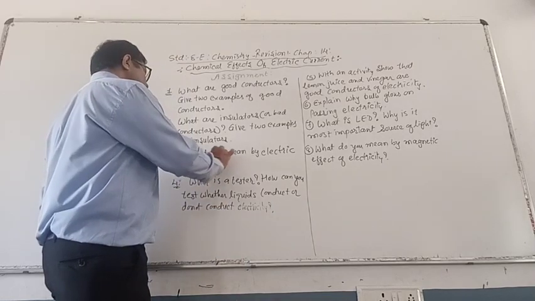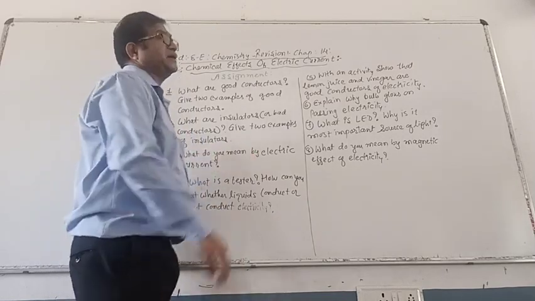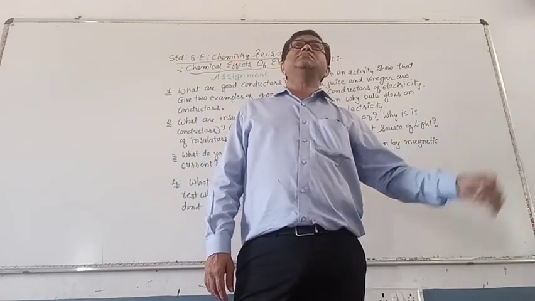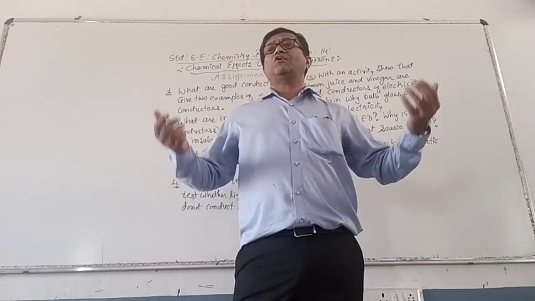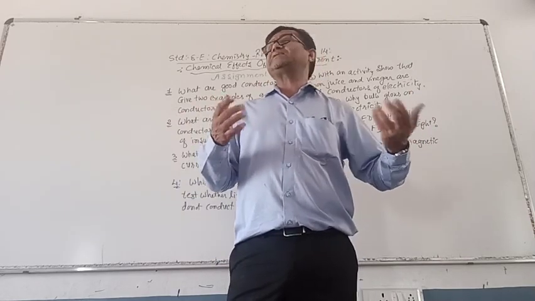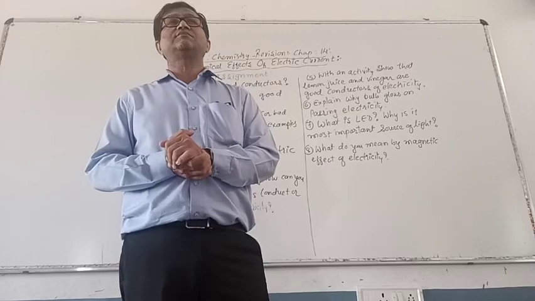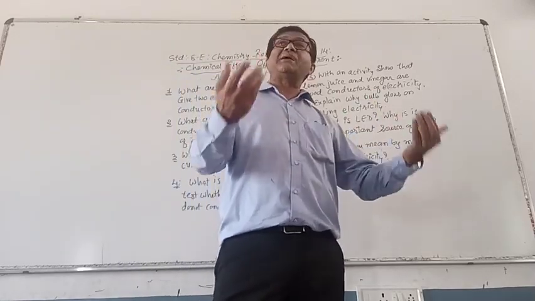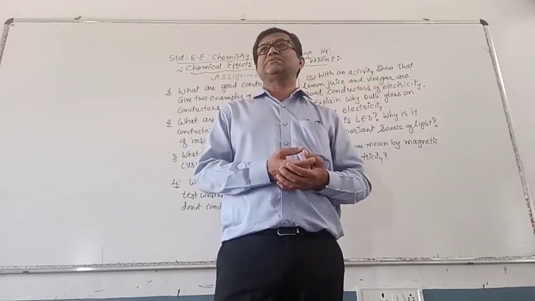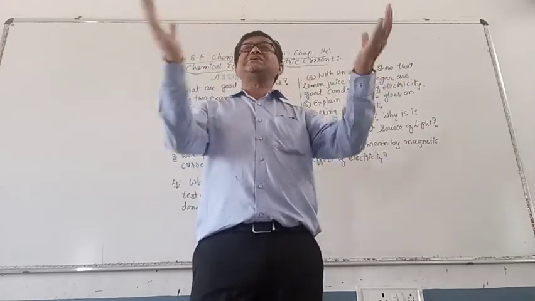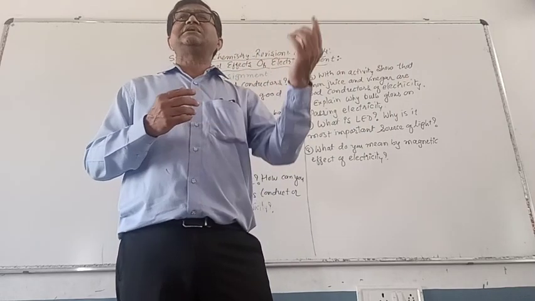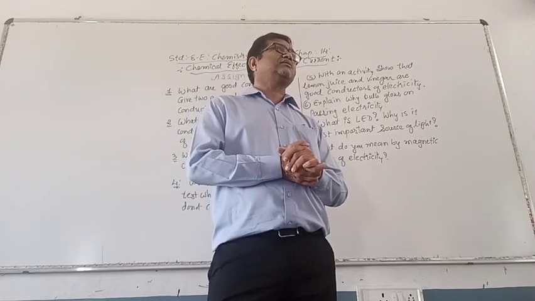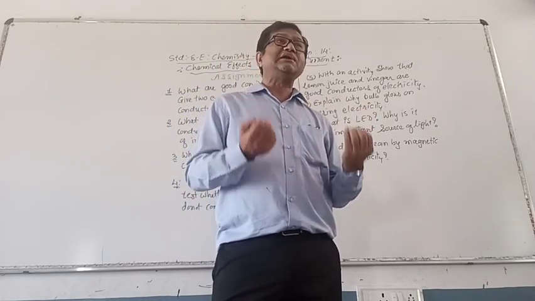Now, what do you mean by electric current? We know that when we switch on, the fan or light or any electrical device starts working. Why? Because the electric current is passing through the circuit, and if the circuit is closed, then the current will pass through it and the device will work. But actually, what is the electric current?